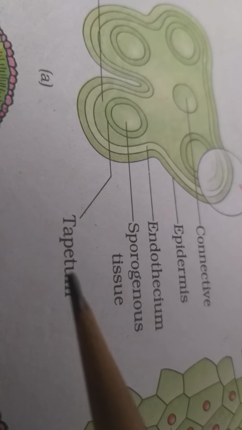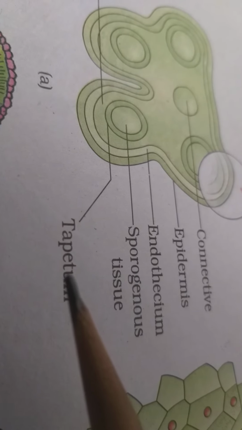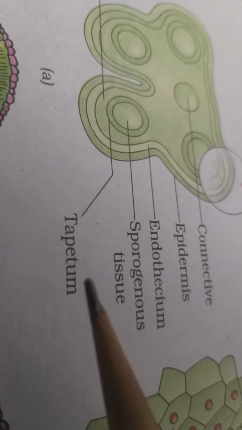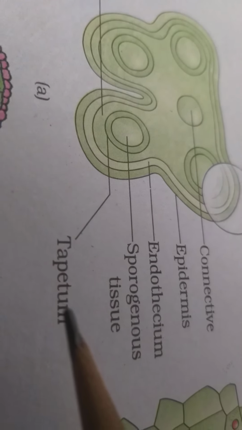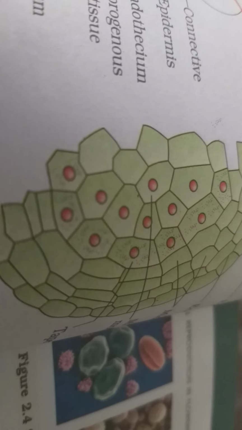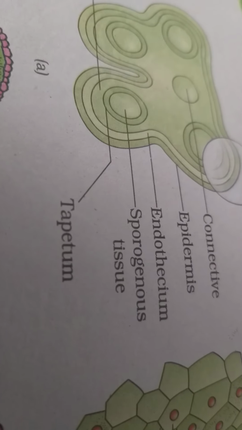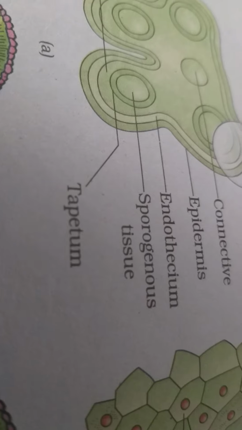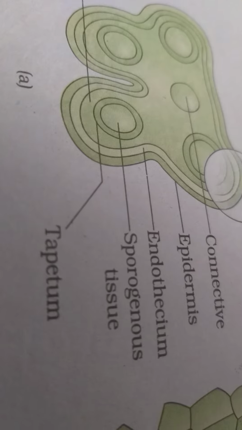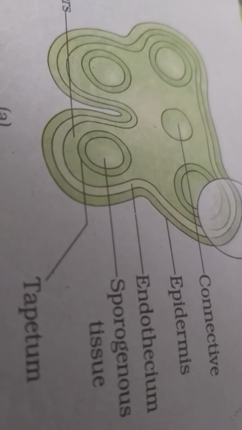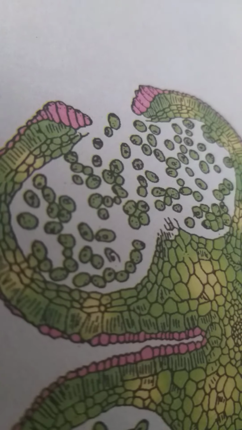Tapetum provides nutrition to the developing microspores, because the cells of tapetum secrete enzymes, hormones, and many other nutrients. So tapetum helps in providing nutrition to the developing pollens or microspores.